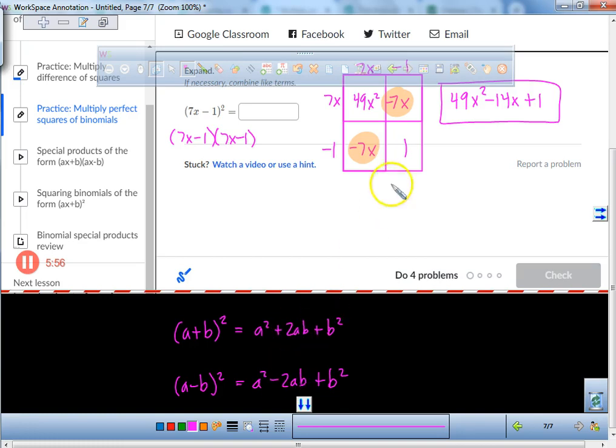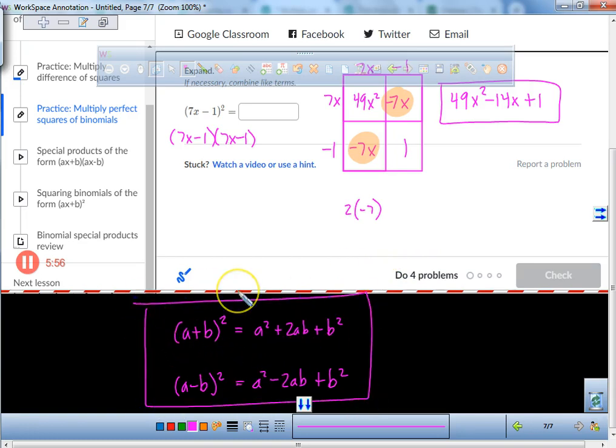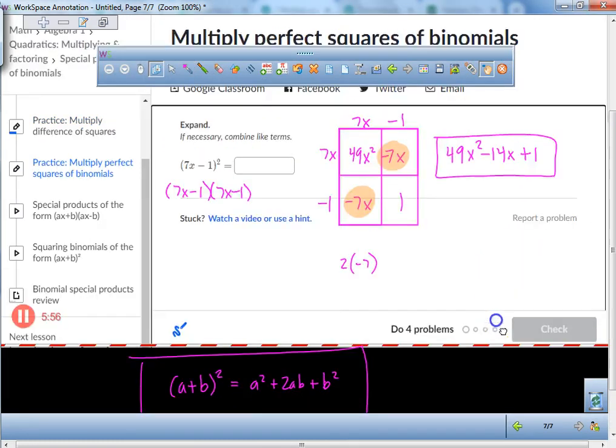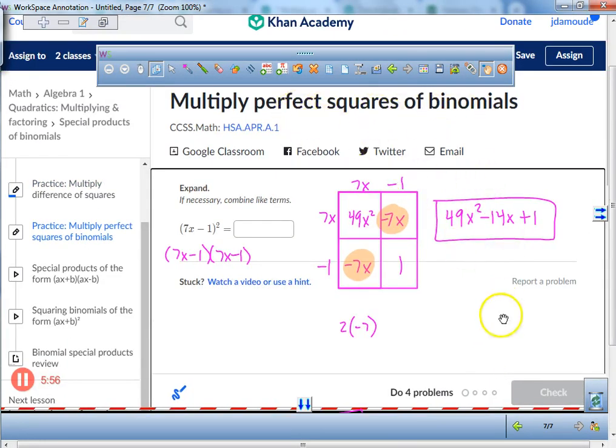If you're wondering where you get the 2, it's because it's always double these. Think about it. Negative 7 plus negative 7 is the same as 2 times negative 7. So these are what you'd probably see in Google or a textbook. That's what they would say if you're dealing with this concept called perfect squares of binomials.